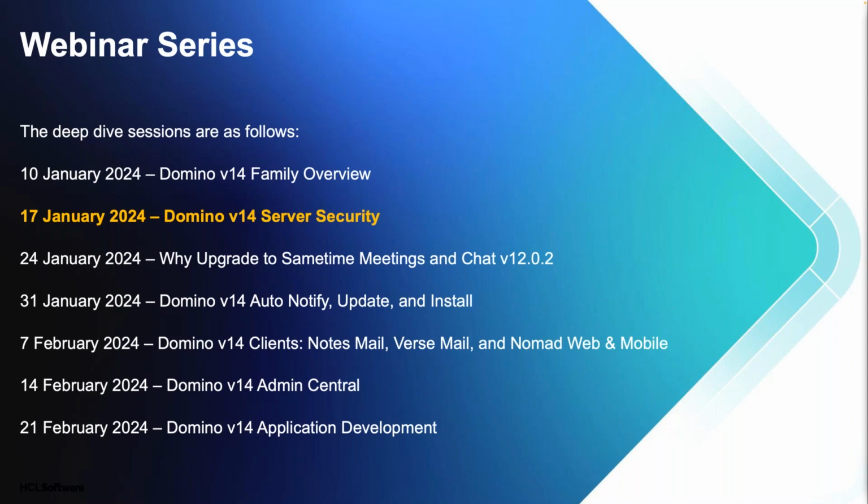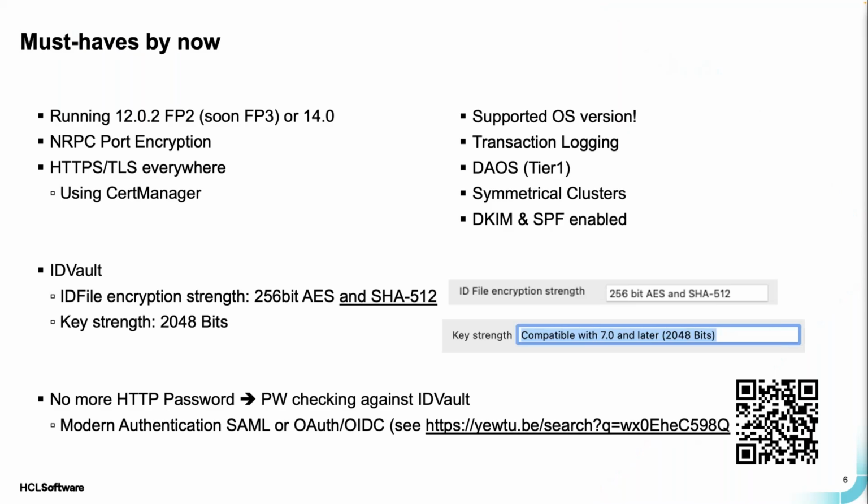I think the best place to start is with a level set on what you should have enabled by now. In terms of security, I think as of today, you are a good citizen if you are running a Domino server in version 12.02, FP2, well, preferably FP2, soon expect 3, or even version 14.